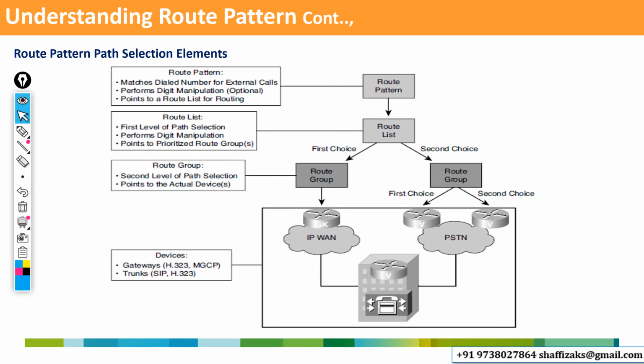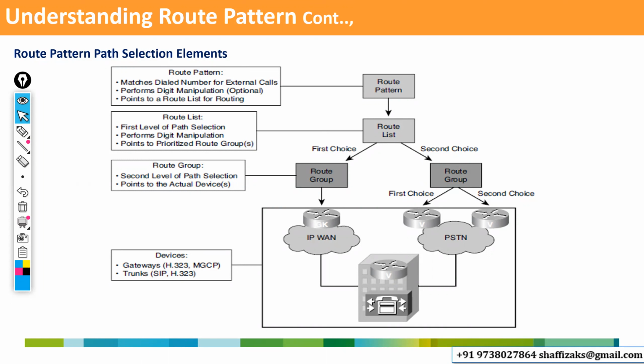It's very important; they'll even ask it in an interview. A route pattern defines how to make an external call, and it also decides via which path the call has to be routed. Whenever the call wants to go outside, we require a route pattern. Without a route pattern, it's not possible to send the call outside.